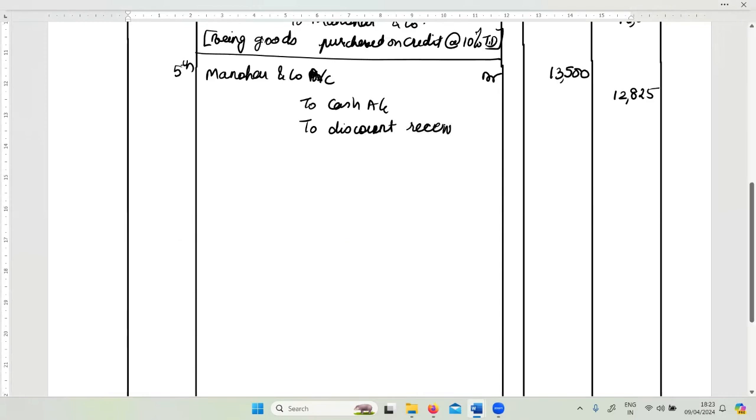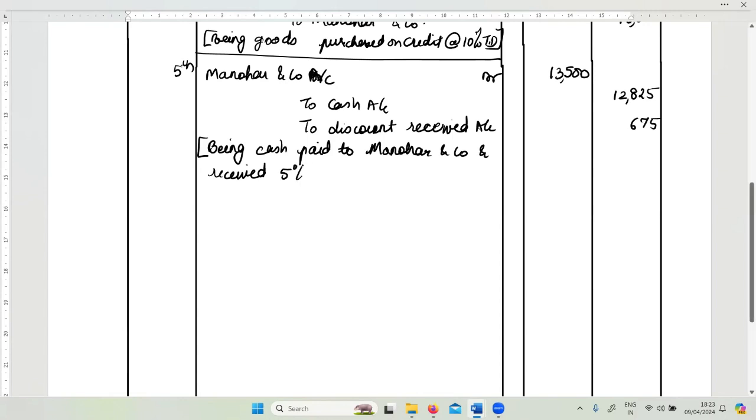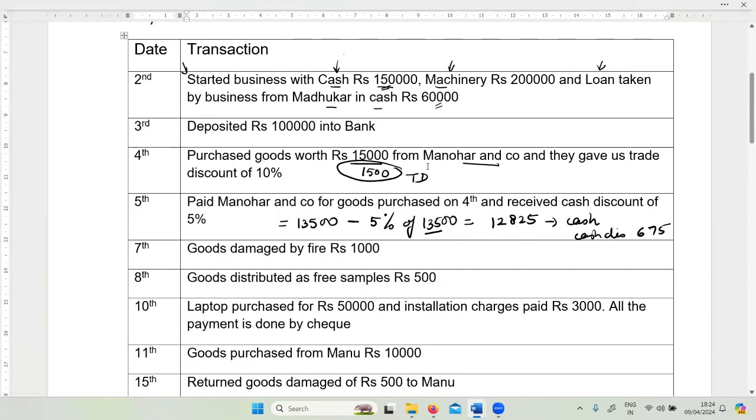So that's the reason I am crediting this discount received, because it is acting like my income, 675, being cash paid to Manohar and Company, and received 5% cash discount on the purchases that we made earlier. So we paid less, we received a benefit of 675. Fine. So hope this transaction is clear to you.